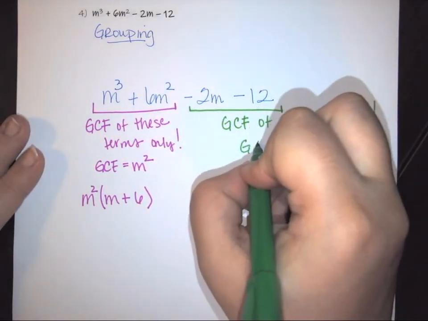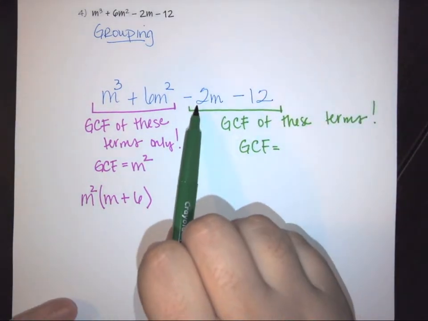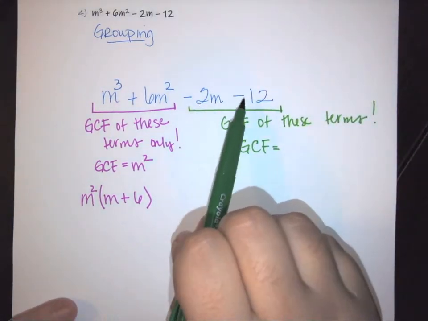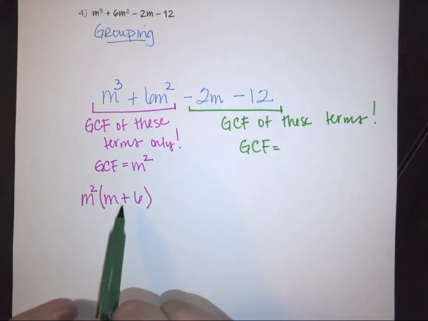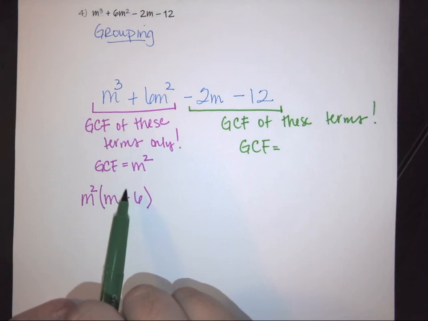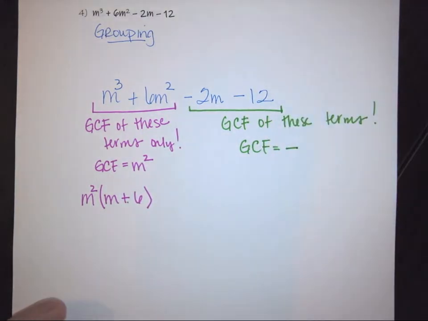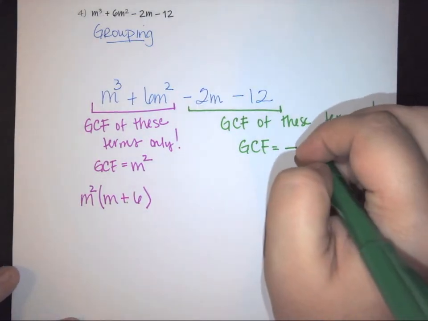So when I'm looking for a greatest common factor here, I'm looking at what is common between negative 2m and negative 12. That will give me a positive 6, or positive in my factor here, which means the first thing I know I need to pull out is a negative. Now what's common between 2 and 12 is going to be 2.